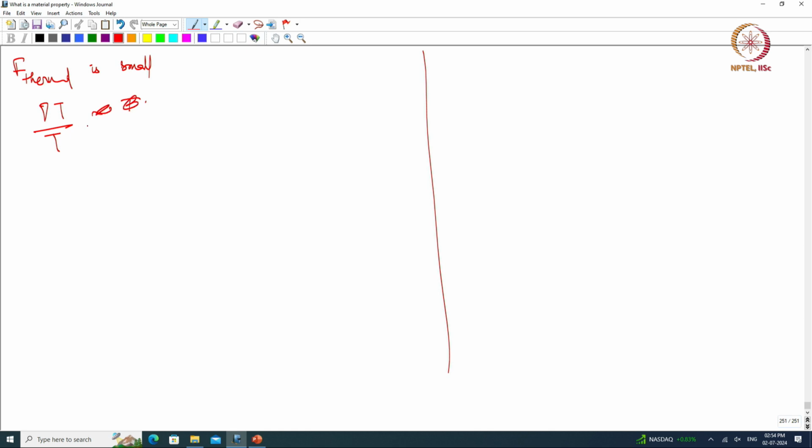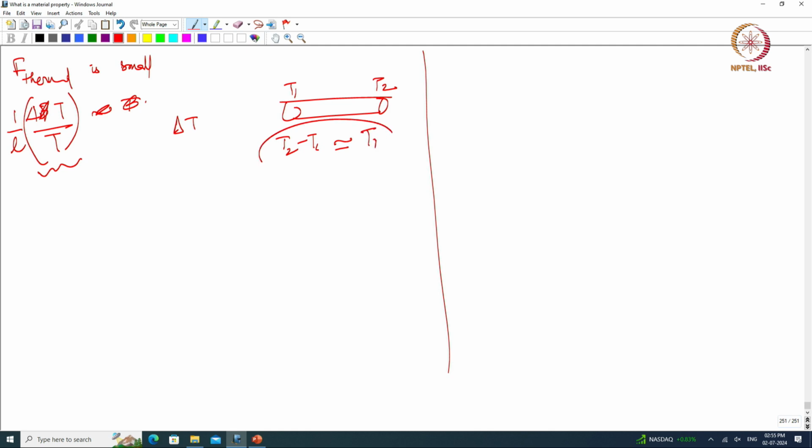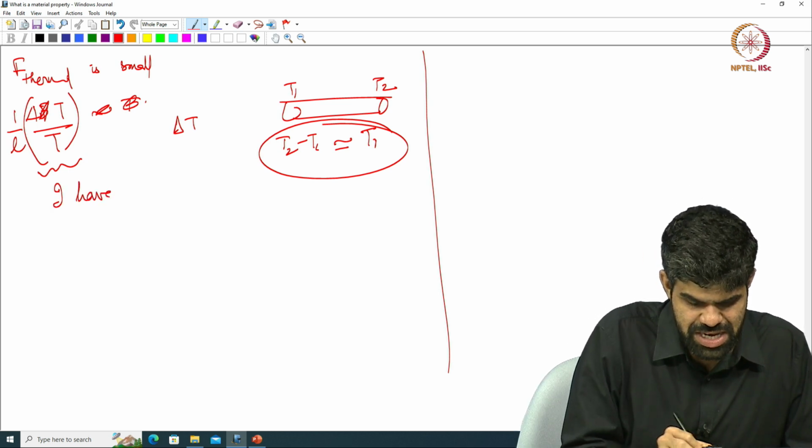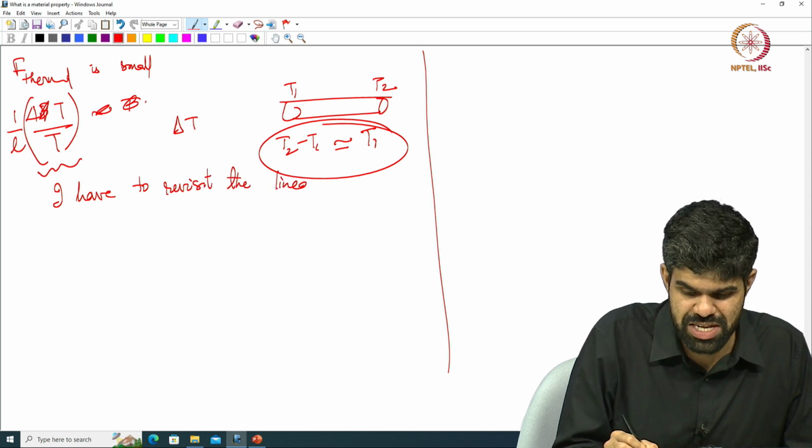Essentially I am comparing with length also here: this is 1 by L times del T by T. If this is equal to 1, with T2 and T1, so that T2 minus T1 is almost equal to the operating temperature T1, which is very large, then I have to revisit the linear response nature of Onsager's theory.